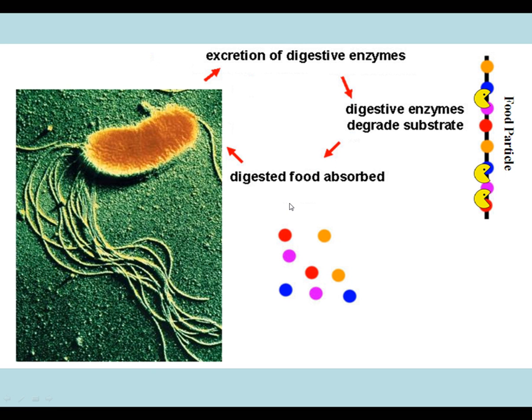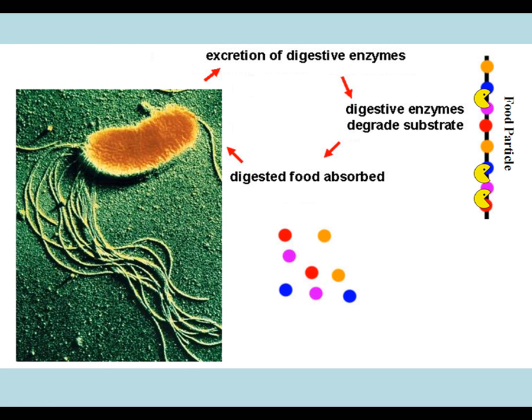It basically involves just a couple of steps. A bacteria secretes enzymes. Those enzymes break down the food into particles. So digestive enzymes degrade or break down the food substance, and that releases nutrients, which can then be absorbed by the bacteria. Because they're small enough, they can be absorbed through the membrane and are taken up by the bacteria and used as building blocks and an energy source.